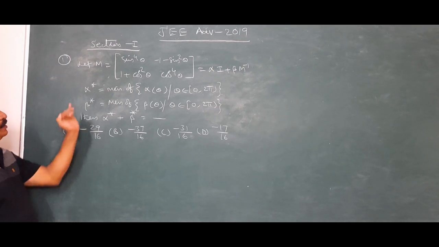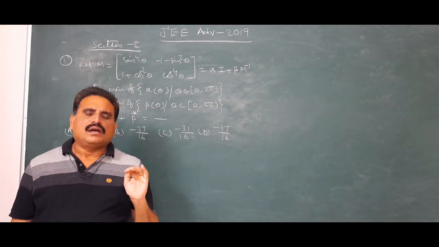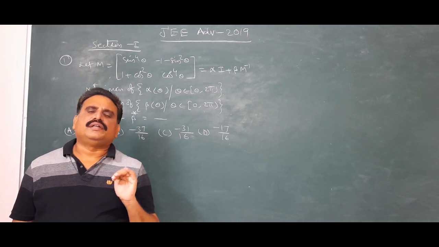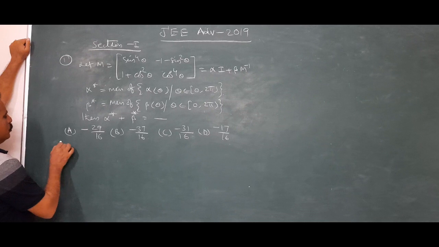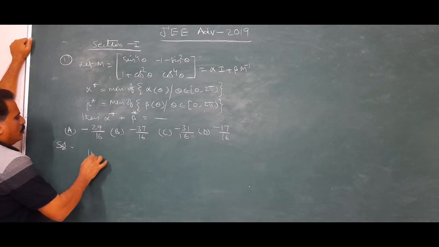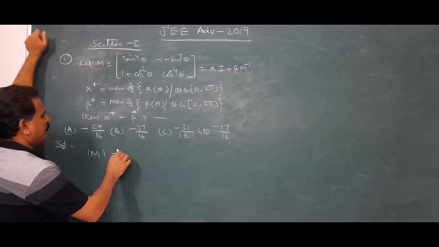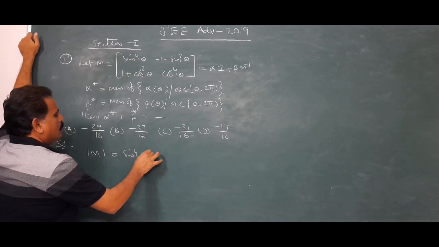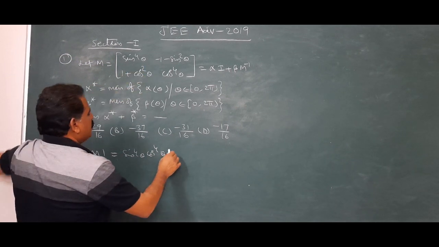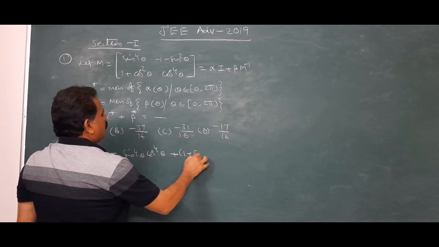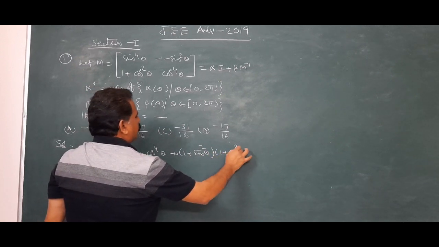First we have to find M inverse. M inverse is adjoint M by det M. Now find det M. Solution. Det M equals sin⁴θ cos⁴θ, that is AD minus BC, plus (1 + sin²θ)(1 + cos²θ).